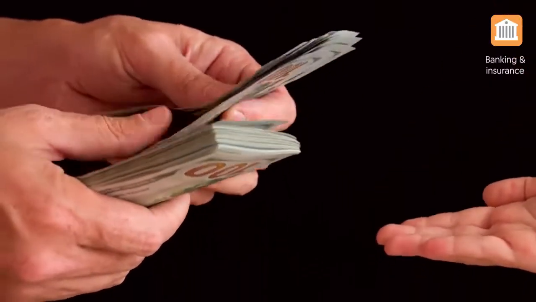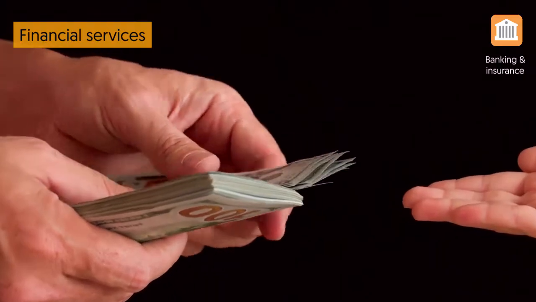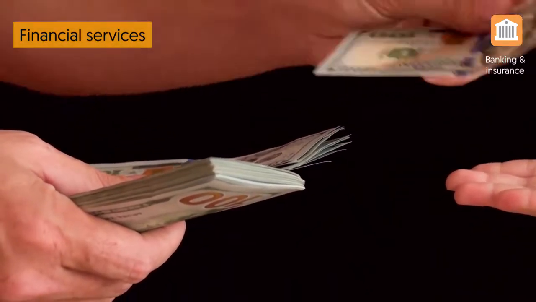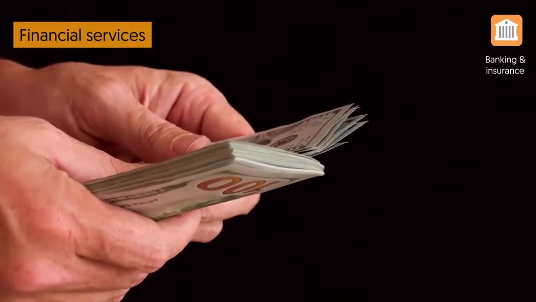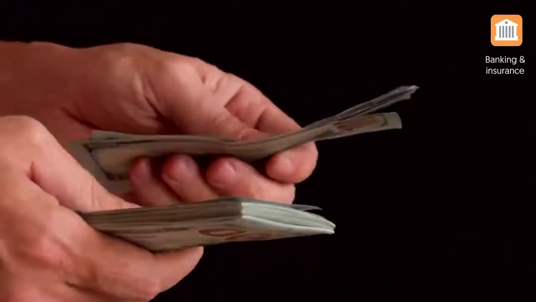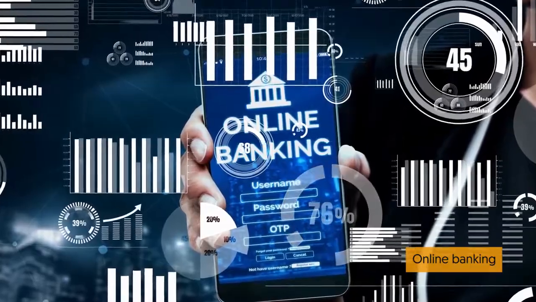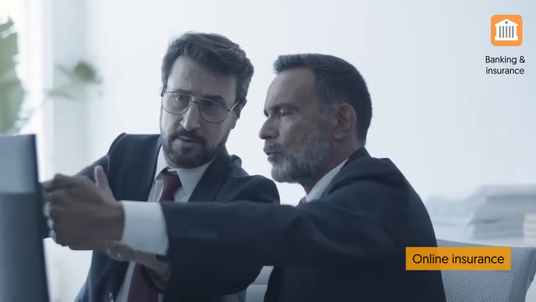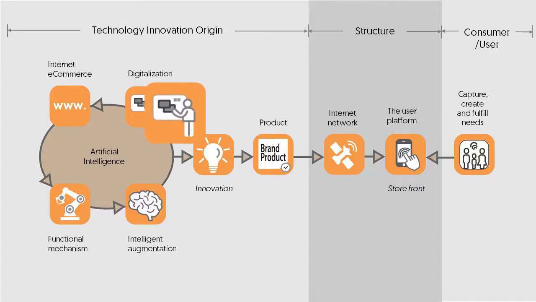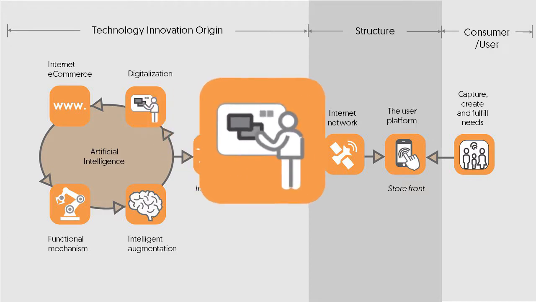The second subgroup is financial services, which are the professional services provided by finance companies and institutions. Here we have set up 2 main groups: online banking and online insurance. The second product origin group is digitalization.